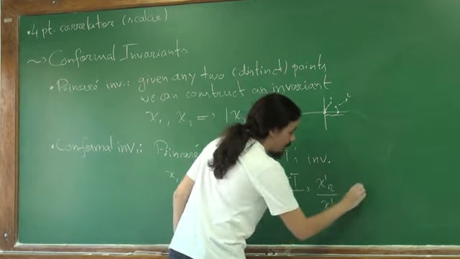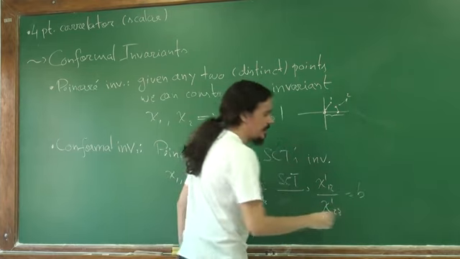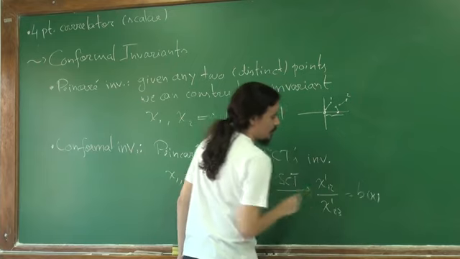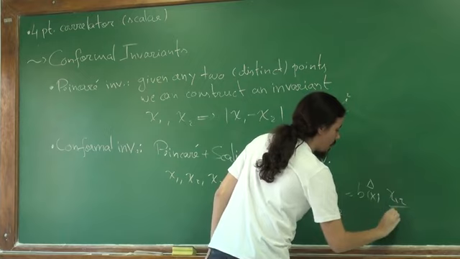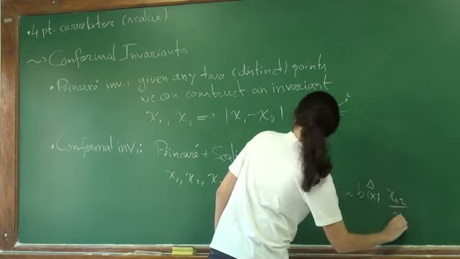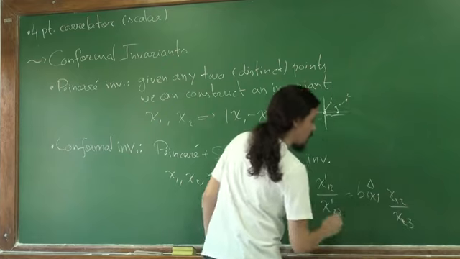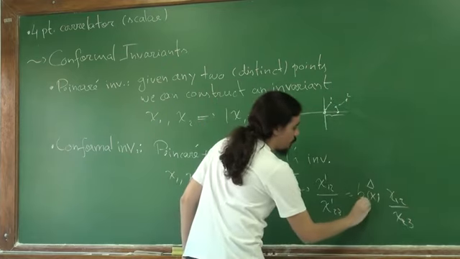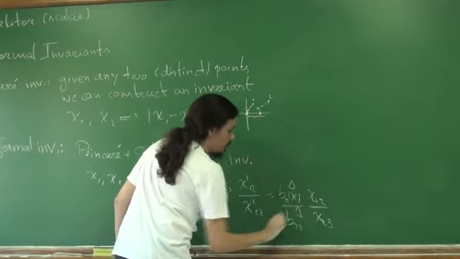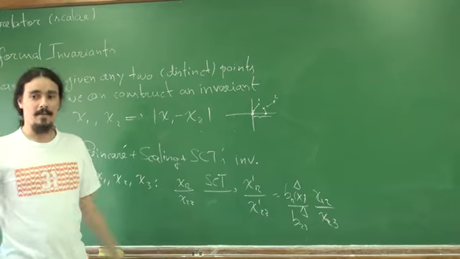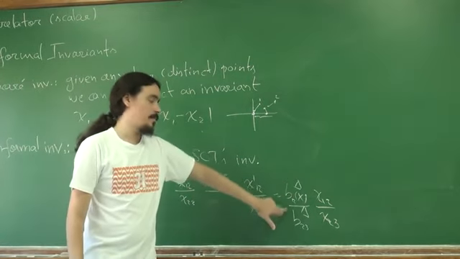Then you would have those factors, which I call P. I have, say, B12 here, and B23 here. And the fact is that these do not cancel.